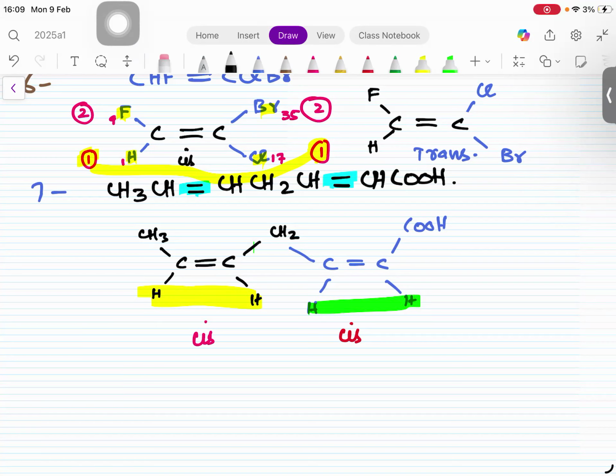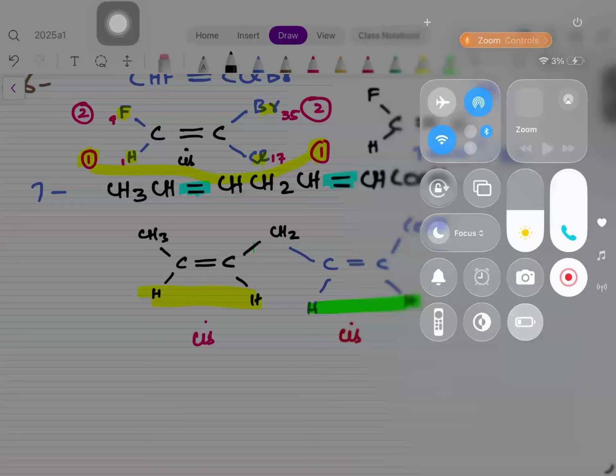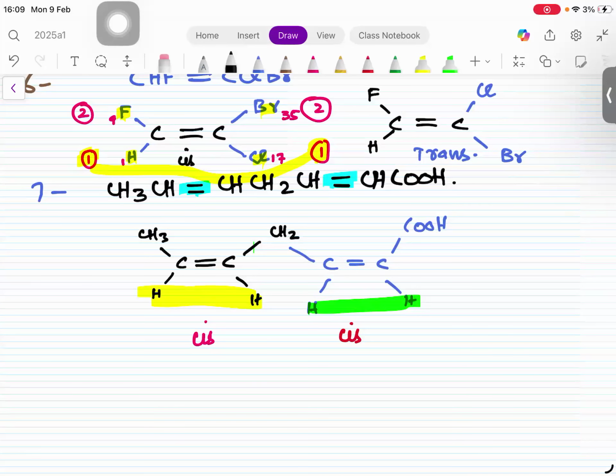Look, when two similar atoms, this is just for the sake of imagination. These two are the chlorines. They are on the same side. Here is the double bond. So when two similar atoms are on the same side of the double bond, this is the cis isomer. If I switch it here, what will this be now? Trans isomer, in which the similar atoms go to the opposite side.